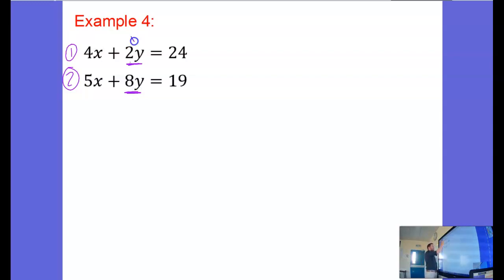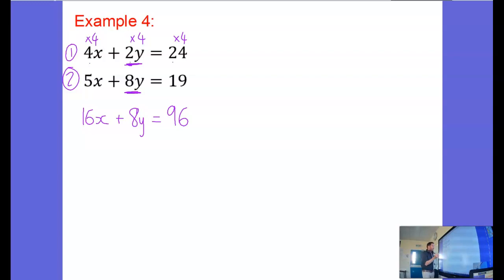In this case, it's easier with the y's because if I multiply by 4, I'm going to get 8y here. But to keep this equation true, I need to multiply everything by 4. Okay? So I'm going to multiply the whole top equation by 4, and I get 16x plus 8y equals, I think that's 96.